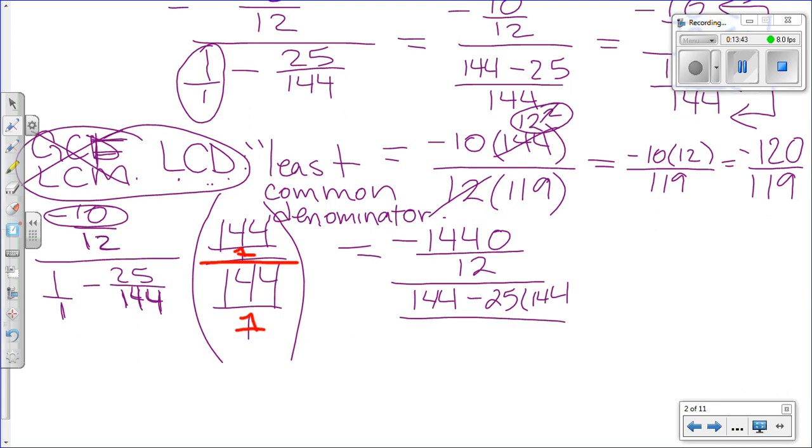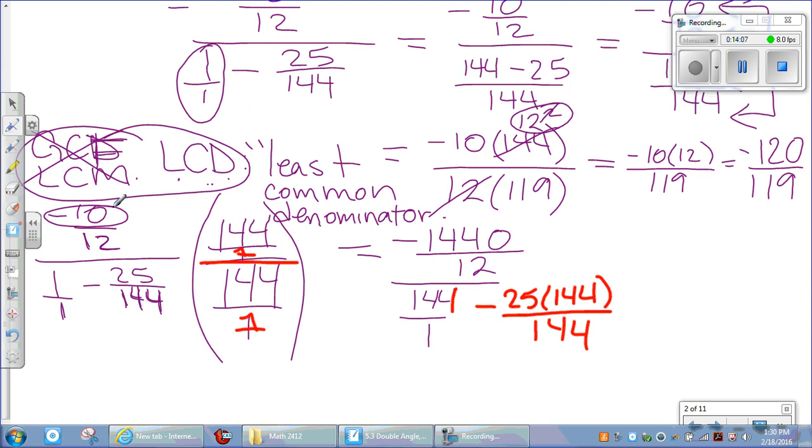And then 1 over 144 is just 144. Oops, sorry. Okay. Is it happening? Yes.